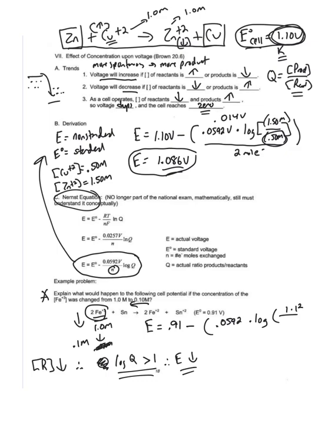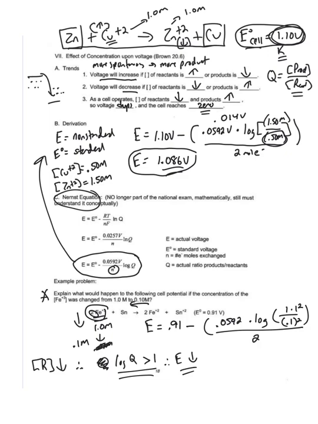All over the concentration, which now is going to be 0.1, and because there's a 2 in front of it, we'll square it. All over the value of 2 electrons being transferred. Okay, so if we go ahead and punch this out, I hadn't done that before.